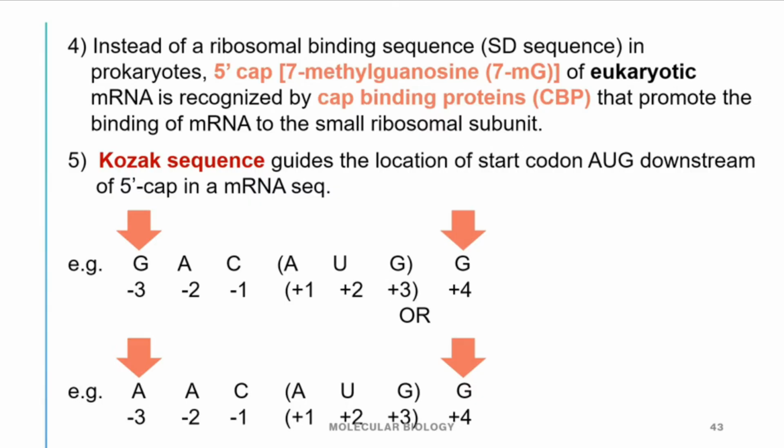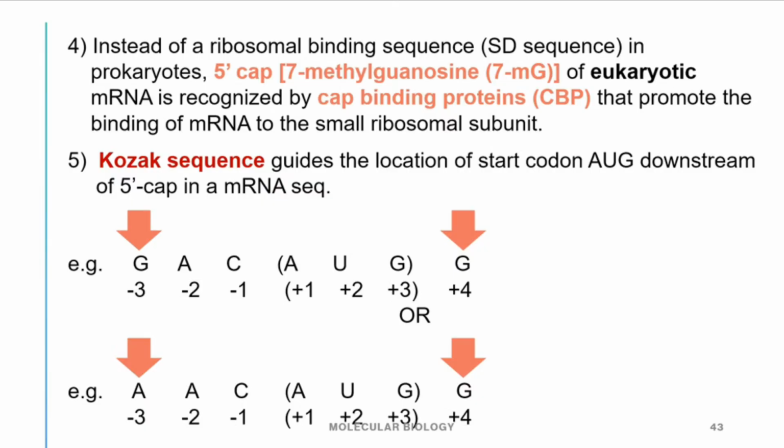So the 5' cap is first recognized by the cap binding proteins, and then those cap binding proteins are going to help to actually locate the small subunit onto the mRNA. So that's one of the major differences at initiation between prokaryotes and eukaryotes.